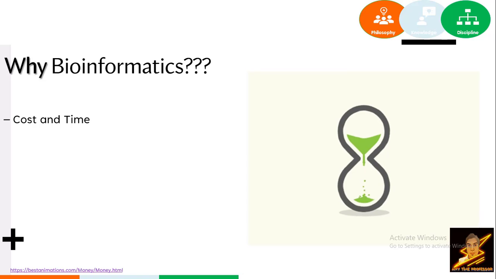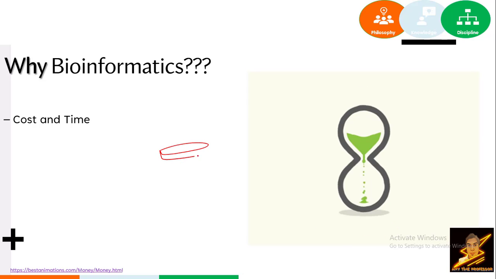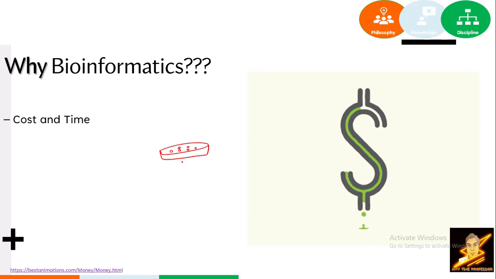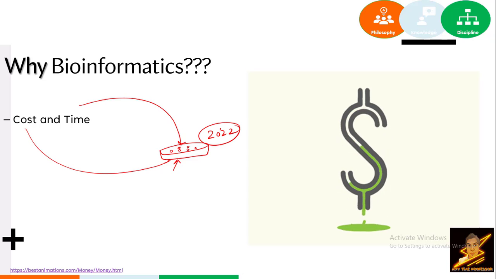The next thing that comes to mind is related to cost and time. As lots of data has come, for example, if I am making a petri dish for the inoculation of microorganisms, it needs a certain amount of money and a certain amount of time for that experiment. Right now it is 2022, and I am doing this experiment.